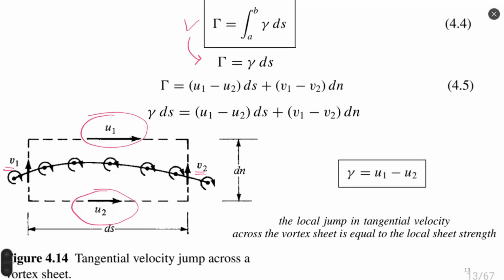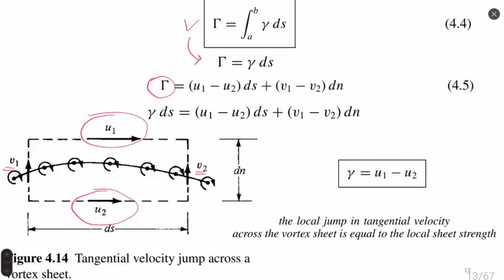On an infinitely small distance, gamma stays constant and ds is the size. And so circulation is the product of the strength of the vortex multiplied by the size in the horizontal direction.